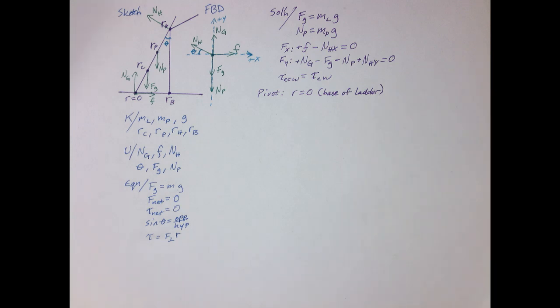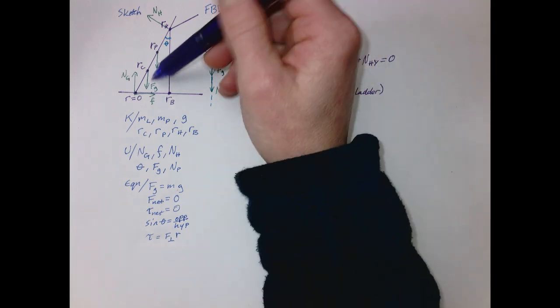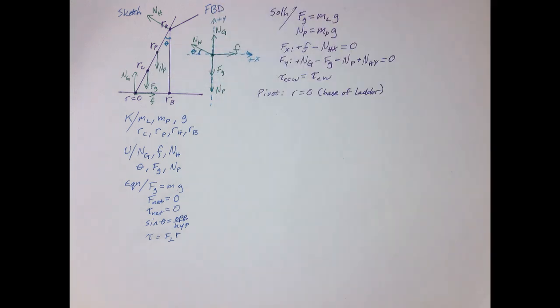In this problem, the only force applying a counterclockwise torque to the ladder is the normal force from the house. Forces applying a clockwise torque to the ladder include the normal force from the person and the force due to gravity. We know that torque is equal to the perpendicular force applied times its distance from the pivot point.